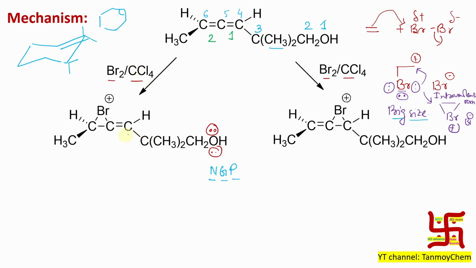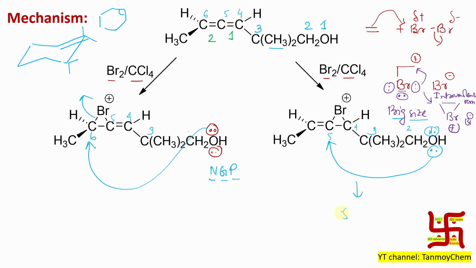Now, next point. So here, since this is 1, 2, 3, 4, 5, 6, the nucleophilic attack will happen here and it will open. Now you may ask, sir, why not this one? So in this case, this is 1, 2, 3, 4, 5. If the nucleophilic attack takes place by this oxygen lone pair here also, it will result in a 5-member ring.